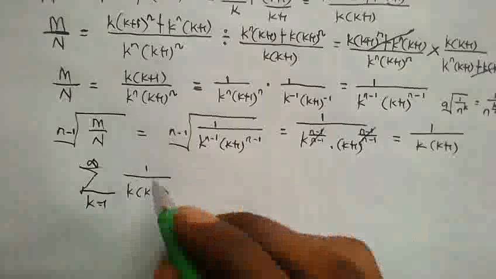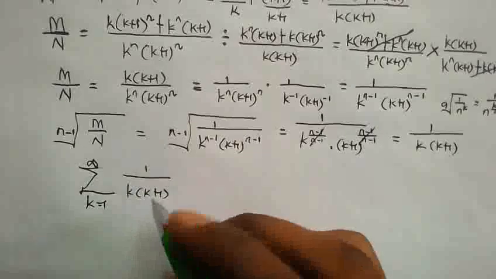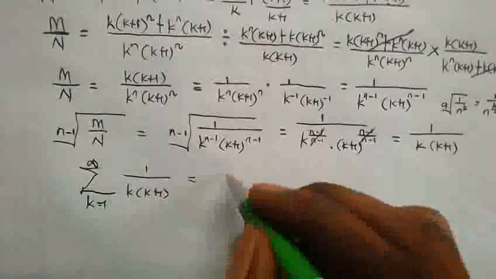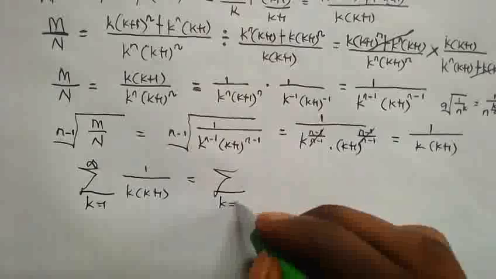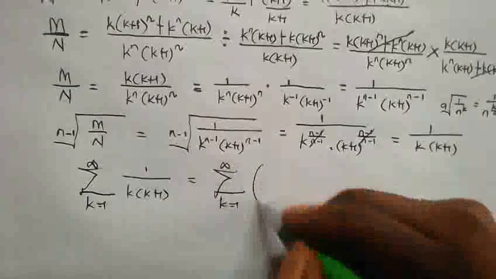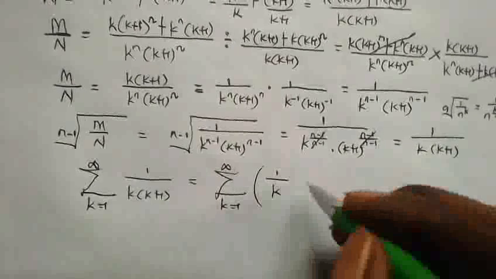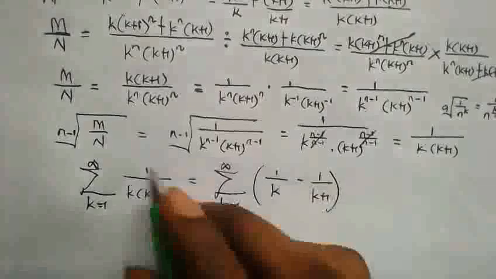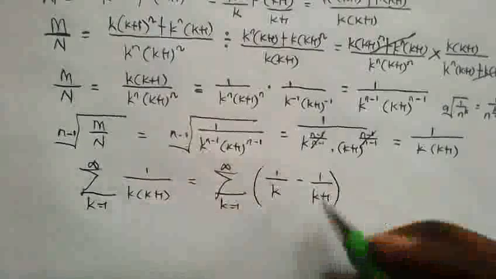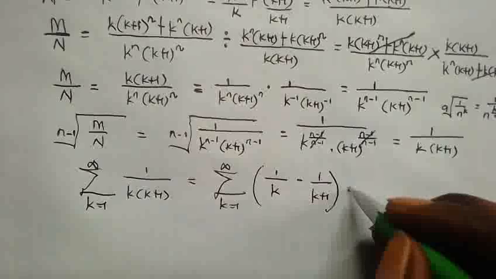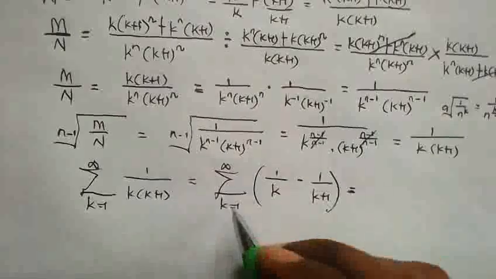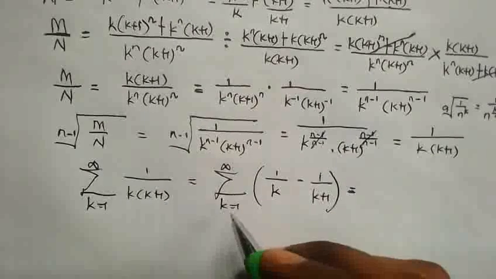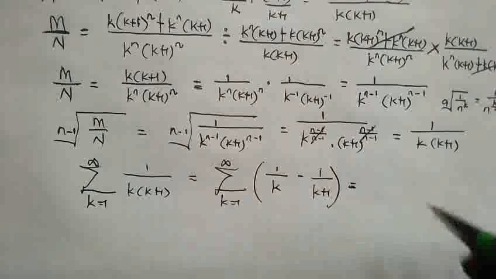So I'm going to decompose this into sums of partial fractions, and that will be exactly equal to the sum, k goes from 1 to infinity, of 1 over k minus 1 over k plus 1. If you decompose this into sums of partial fractions, this is what we have. And right over here, I'm going to be inputting the values of k as it goes from 1 to infinity, right?